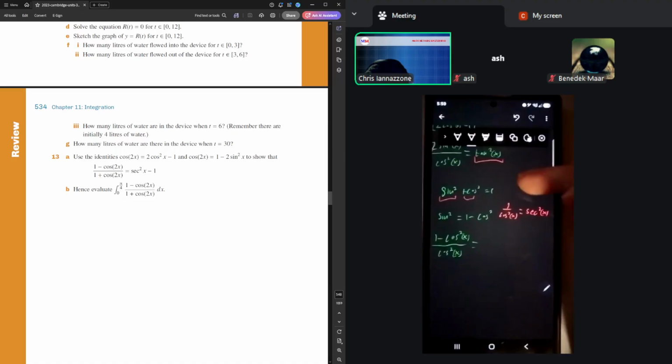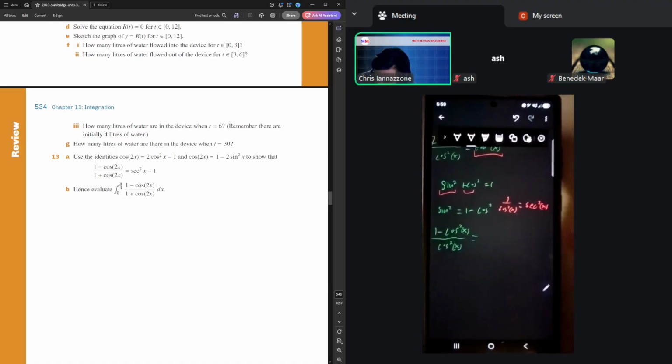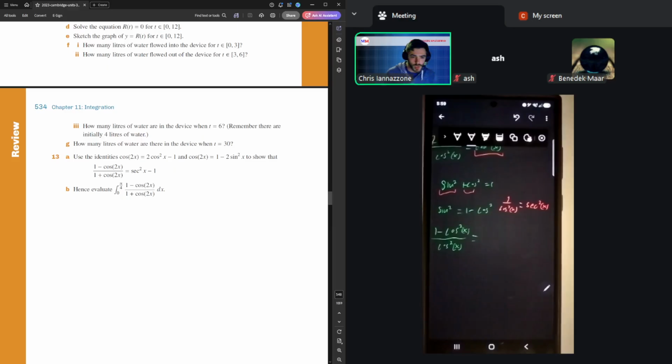So if we want to get a sec squared out of this, we want to somehow convert this into a 1 on cos squared.